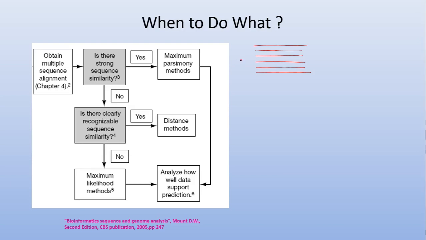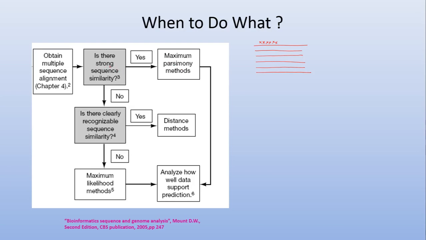So you ask yourself a question: do the sequences that you have aligned have very strong sequence similarity? That means, can you find most of the sequences, say above 90%, quite conserved in your multiple sequence alignment? If that is the case, then you are supposed to use maximum parsimony.